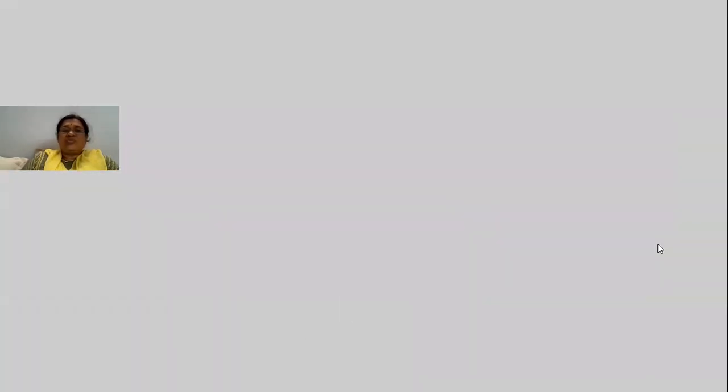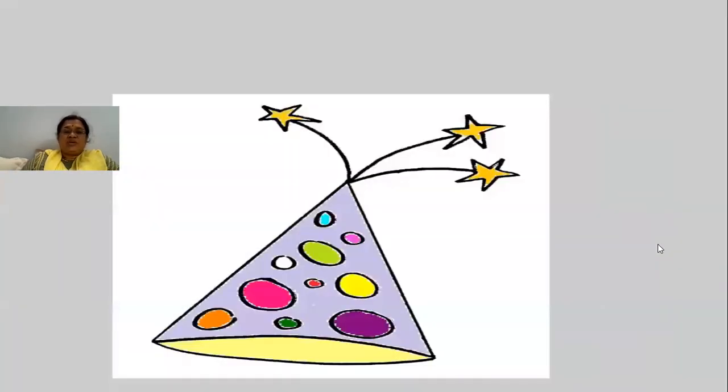Here also, the application of mensuration will be done. Next one, we'll move on to the next one. See, what is this? Yes, this is a joker cap. When you go to birthday parties and all, they'll give this type of cap, isn't it? How does this cap look? Yes, you're right. This looks like a cone.